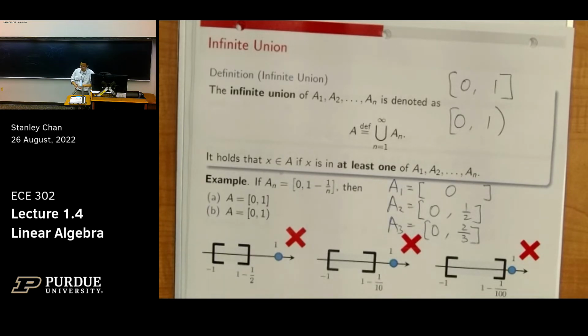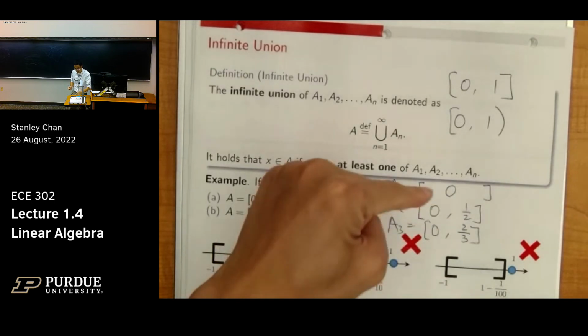So now, whether 1 should be included or not. 1 is not included. Want to make a guess? Why is 1 not included? Exactly. So let's look at this number 1.